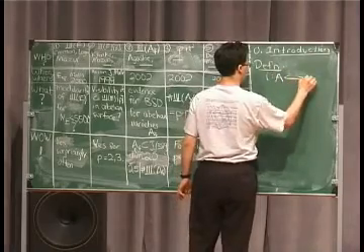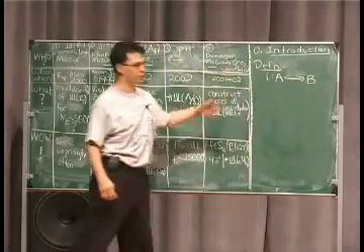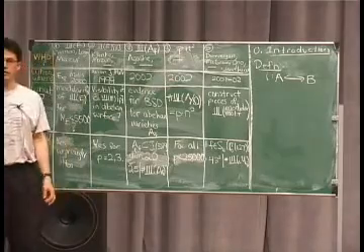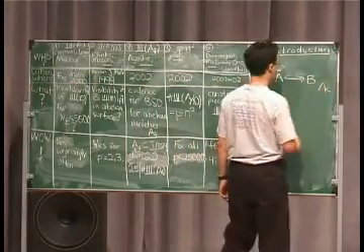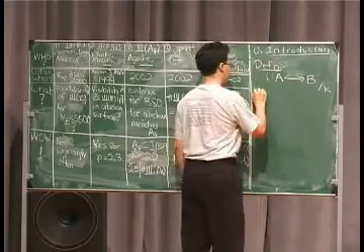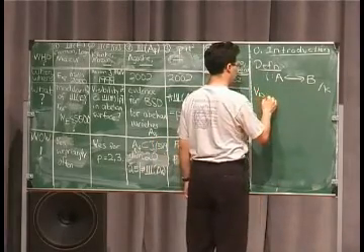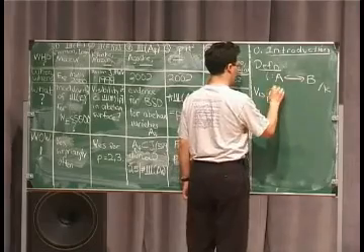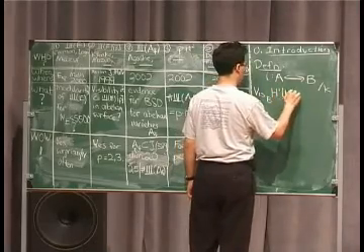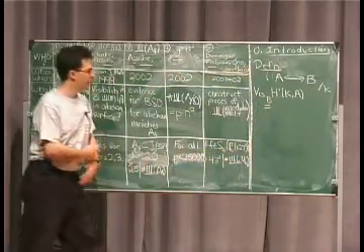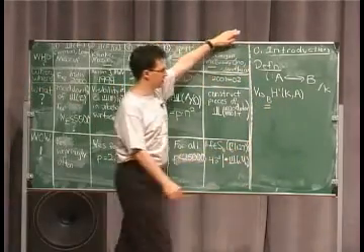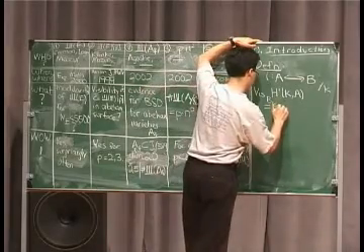So fix a closed immersion of an abelian variety A into another abelian variety B, over a field K. Then the visible subgroup of H^1(K, A) with respect to this embedding is, and you might imagine various complicated definitions of what this could be, but fortunately the definition is very simple.